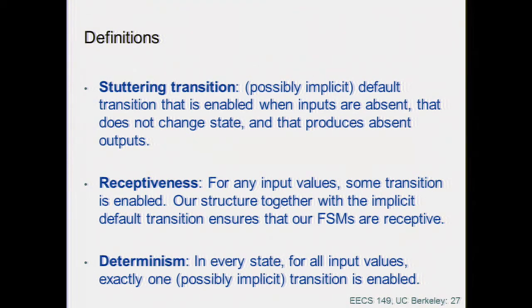If there is nothing, we don't want the siren to go off. So this is receptive, meaning that no matter what happens, I always have an answer. A finite state machine is deterministic if given a state and given an input, there is only one next state I'm going to. Okay?